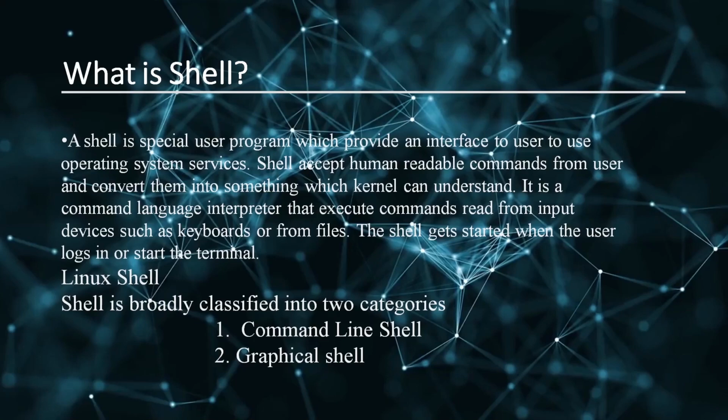Linux shells can be broadly classified into 2 major categories. First is the command line shell, and the second is the graphical shell. So what is the difference between them? A command line shell can be accessed by the user using a command line interface, as we can see from the picture.